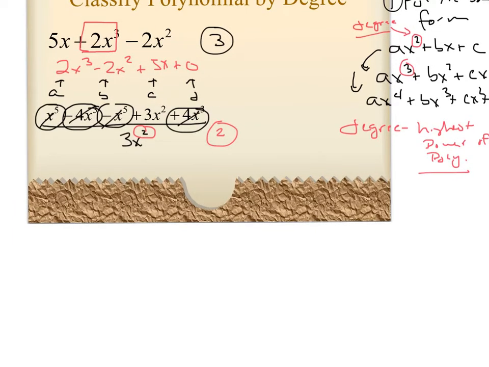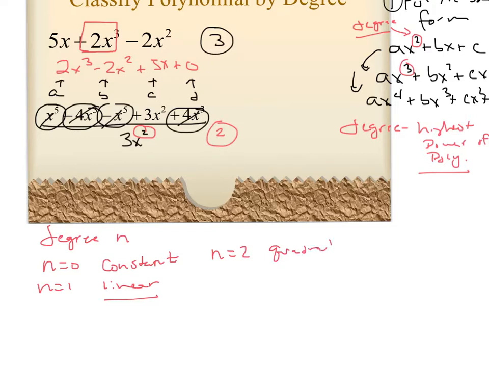So with the degree, we're going to call the degree n. So if n is equal to 0, it's a constant. If n is equal to 1, it's linear. You have to use that specific term. If n is equal to 2, it's quadratic. You have to use that specific term. If n is equal to 3, it's cubic. You have to use that specific term.